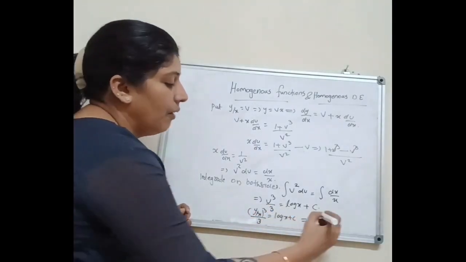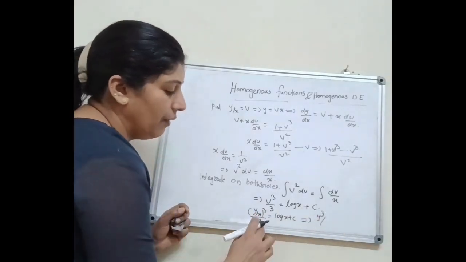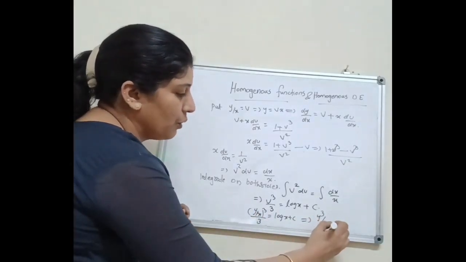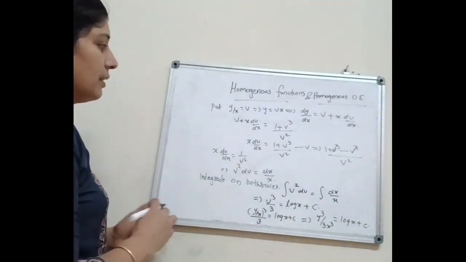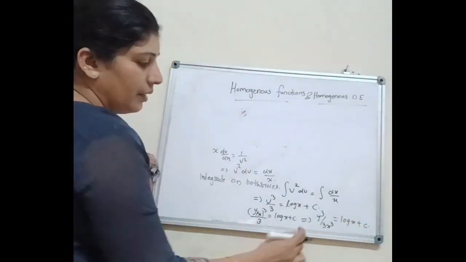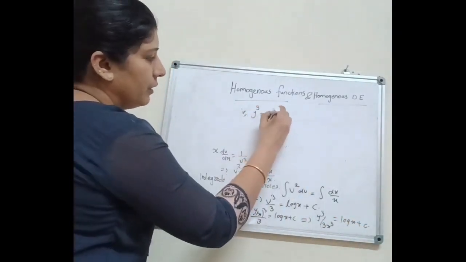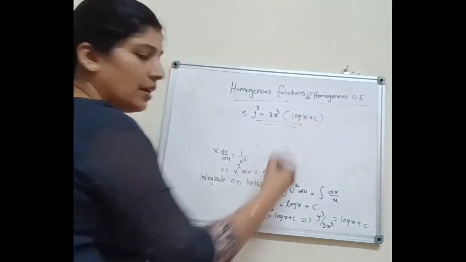That implies y cube by x cube divided by 3, that is y cube by 3x cube, equal to log x plus c. Therefore, y cube equal to 3x cube into (log x plus c). This is the general solution.